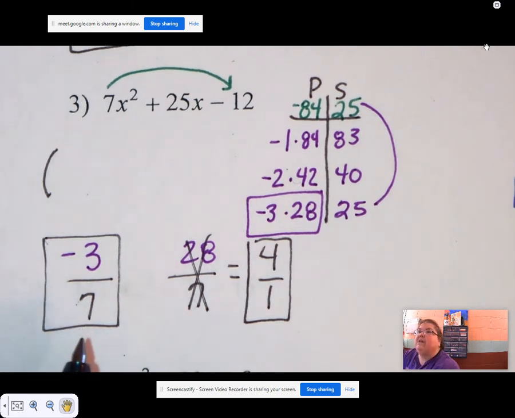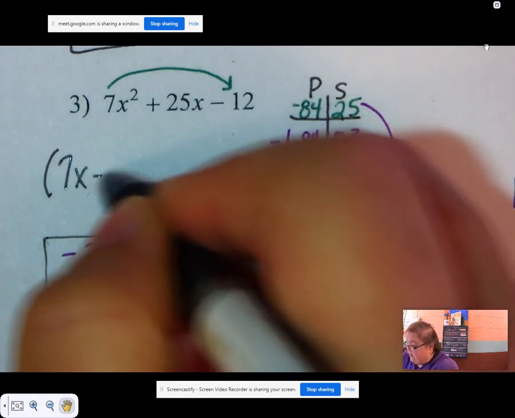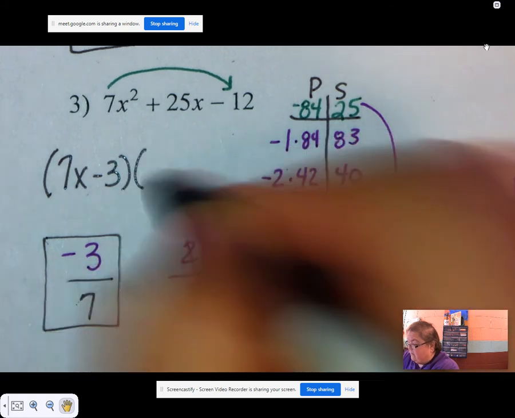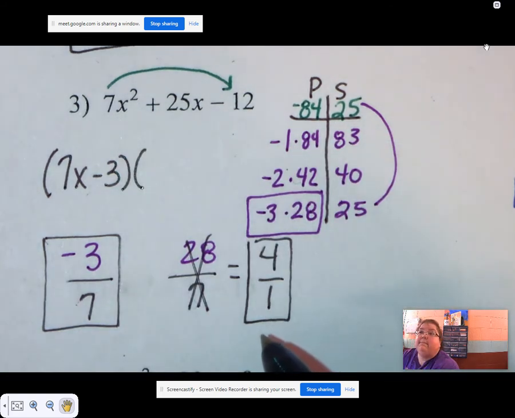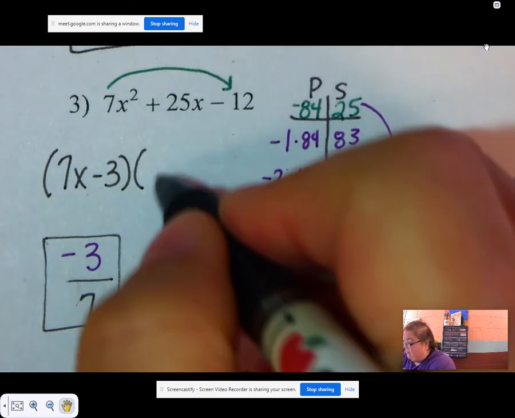What is my first set of parentheses? 7x minus 3. What is my, yes ma'am? Correct. I like you talking out loud. That's good. All right. What is my second binomial then?